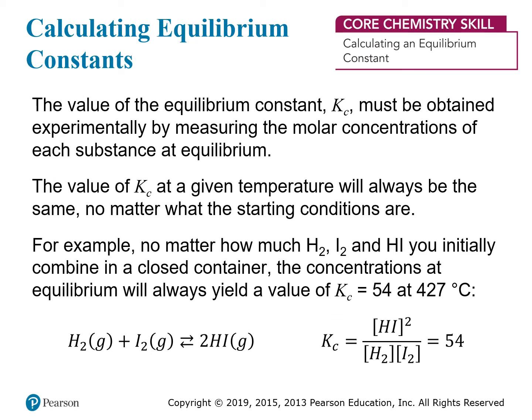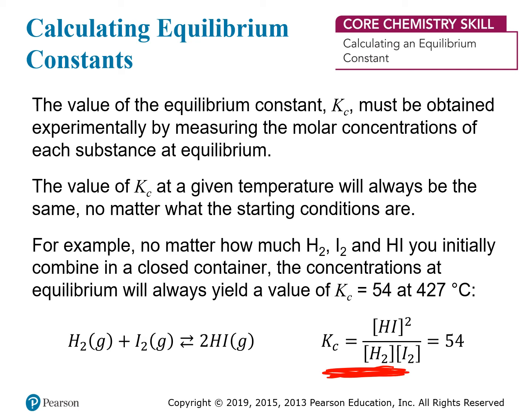It's important to keep in mind that we can actually measure the equilibrium constant. Once we've figured out the form of the constant from the equation, then all we need to do is run the experiment. In this case, we're dealing with the hydrogen and iodine equilibrium again. So we can just combine some hydrogen and some iodine into a container, come back a little bit later, make sure that it's reached equilibrium, and then we just measure the concentrations of the three components.